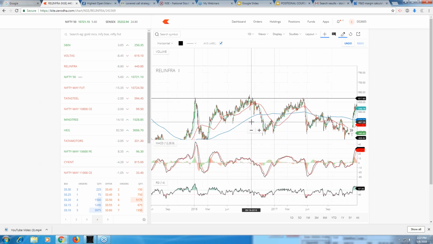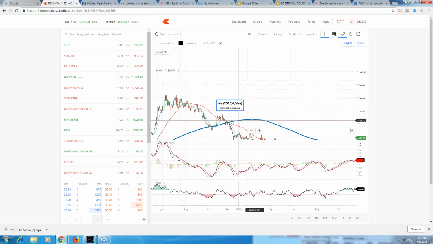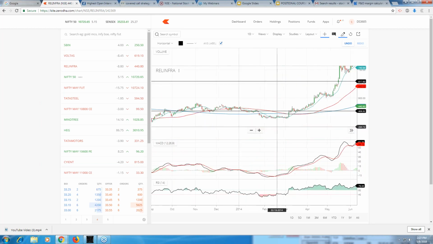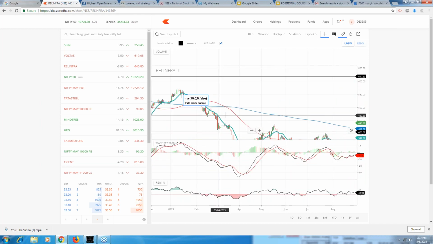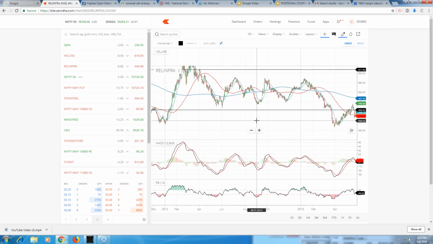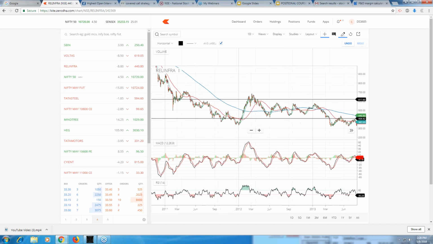Many times. You can go to the history and check that many a time the same points have become resistances and the same points have become supports. So go to the past and you will see Reliance Infra had this particular value, 617, as a major support region.